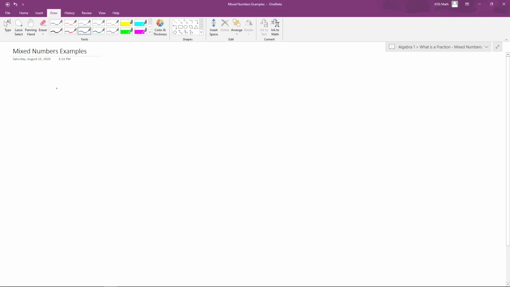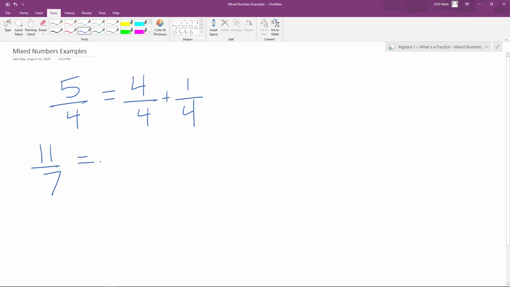So we figured out that 5/4 is the same as 4/4 plus 1/4. But what about something like 11/7 cup? That's a little bit harder to visualize, but what we can do is break this out and make this 11/7 equal to 7/7 plus 4/7.